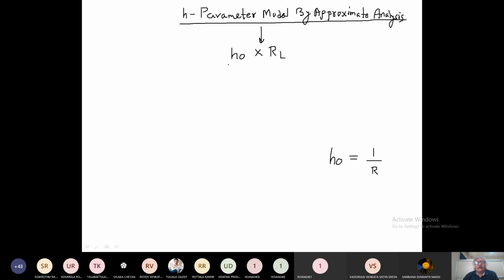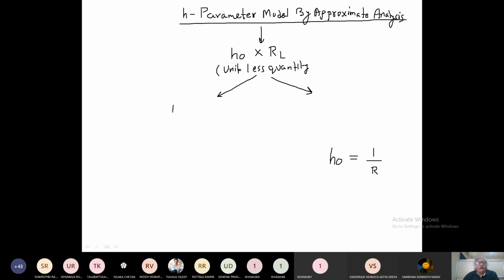After multiplying, you will get two conditions.